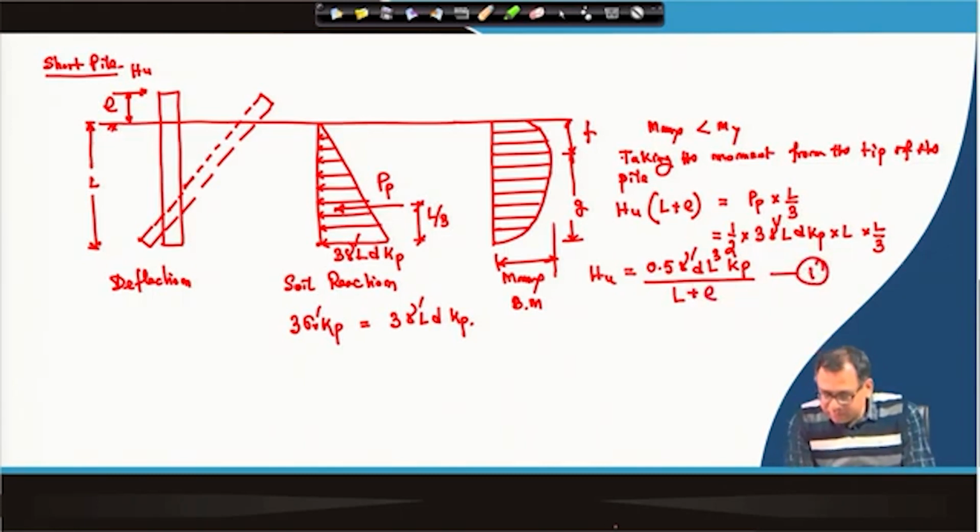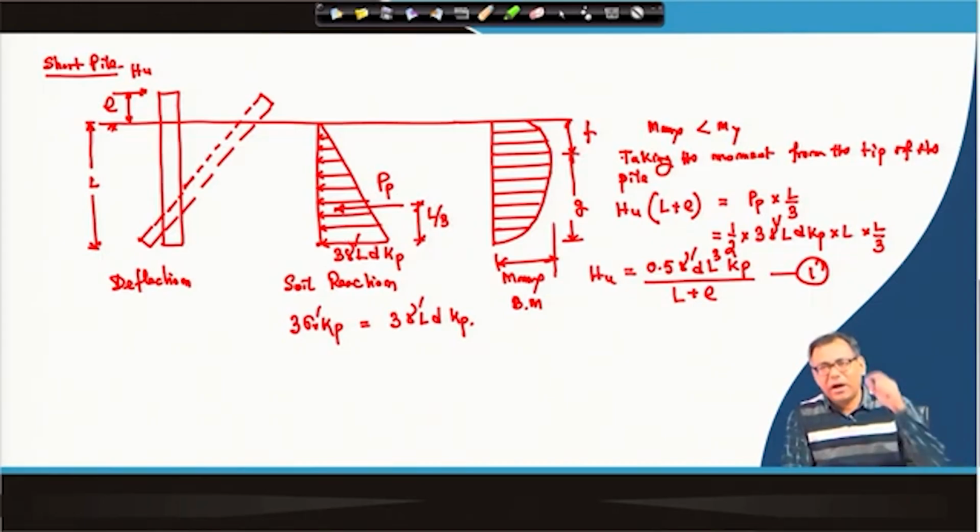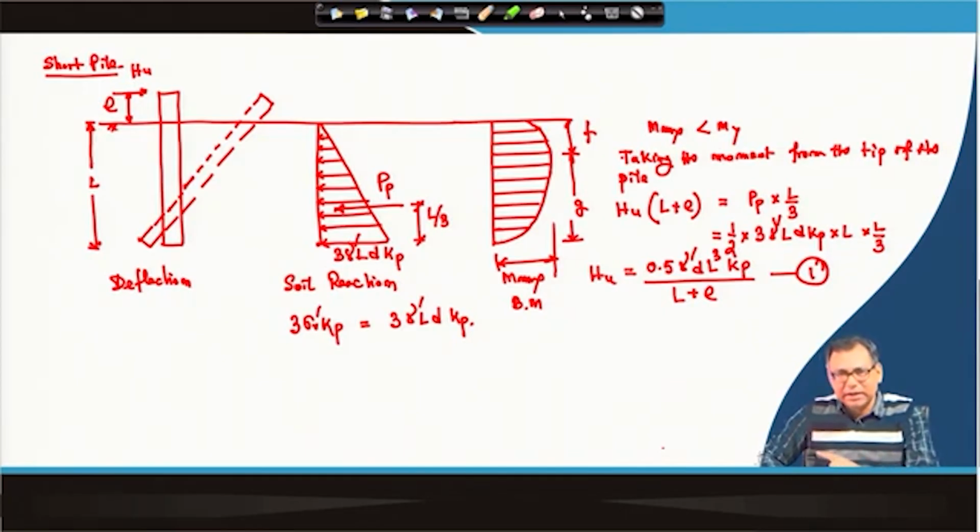So, what are the unknowns here? All values are known. So, here H u I can calculate by using this equation. But if I want to determine the maximum moment, as I mentioned, our interest is the H u and the maximum moment, because we have to check whether the maximum moment is less than the yield moment or not.